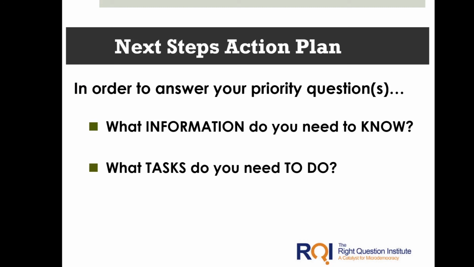Now, our next step we call an action plan. Now we're going to go further. We've narrowed it down to 3 important questions. So in order to answer these questions, what information do you need to know? And what tasks do you need to do?